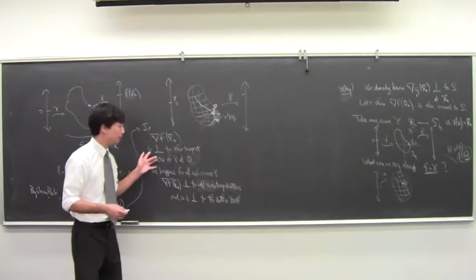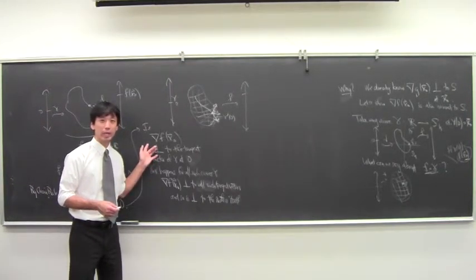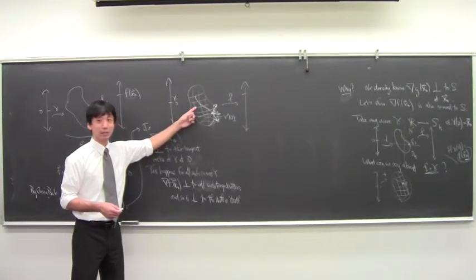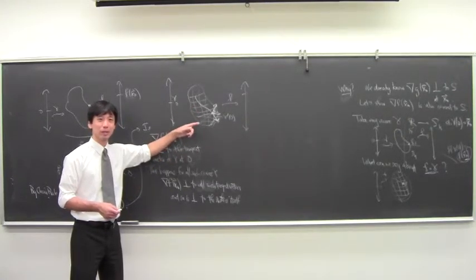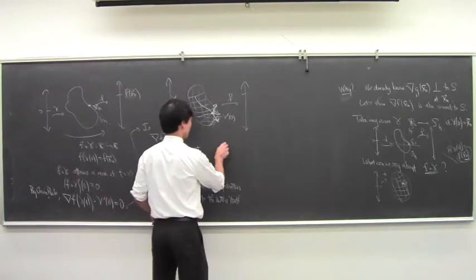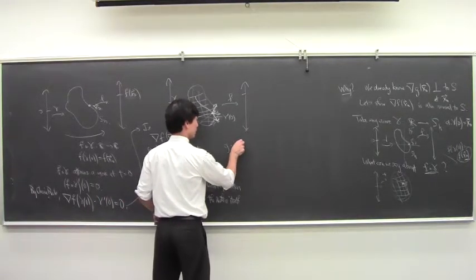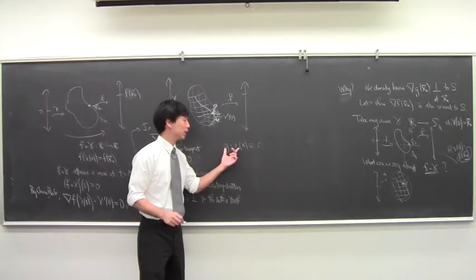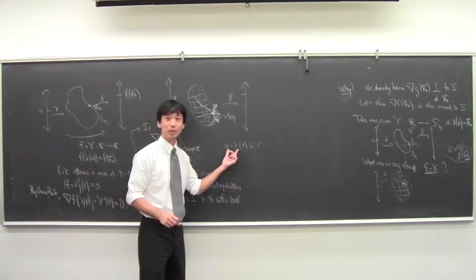Do you all remember how we showed that the gradient of g was perpendicular to the surface? g was a function that's constant on this surface, right? So if we looked at g composed with gamma, then that was just constant, right? And then when we differentiated it, we saw that these things were perpendicular.